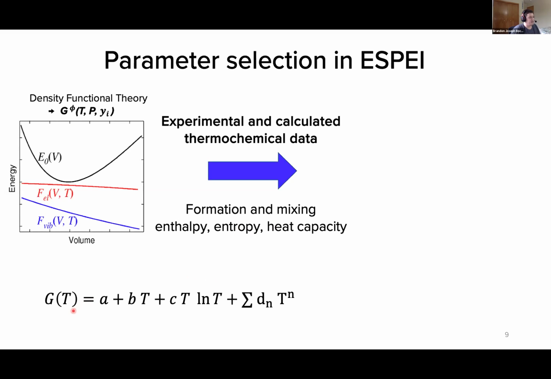And so typically, just looking at temperature alone, we parameterize them according to this polynomial. So we have some a plus bT plus cT log T, and then we have some additional coefficients where T is raised to a power. So maybe T to the -1 or T squared, and so on.